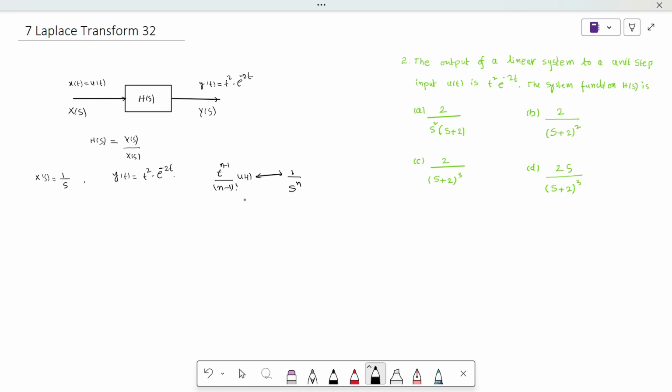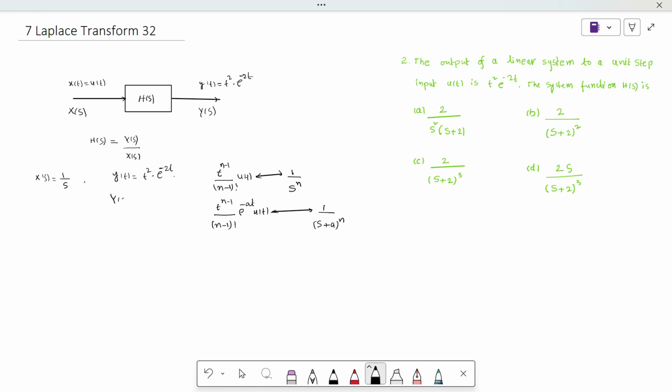So e power minus at into t to the power of n minus 1 by (n minus 1) factorial into u of t, its Laplace transform equals 1 by (s plus a) to the power of n.